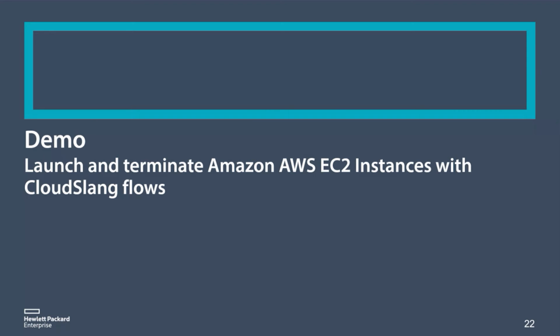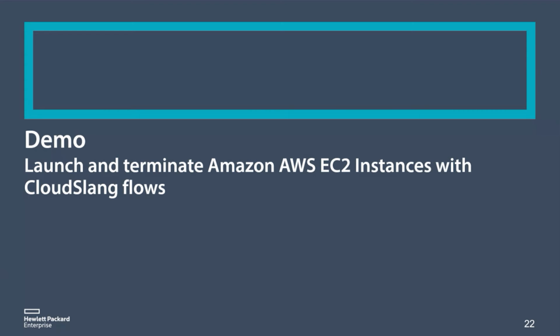So what we'll do, we'll launch and terminate some EC2 instances, and we'll do that with the help of CloudSlang based content. Before launching and terminating those instances, I want to jump to the Workflow Designer and show you a few things there.